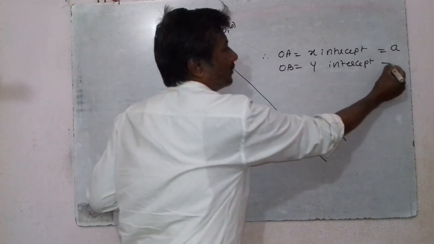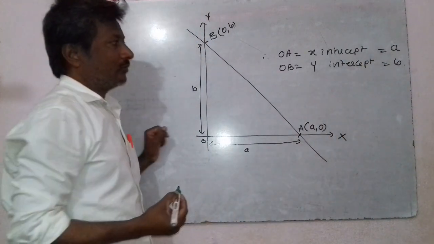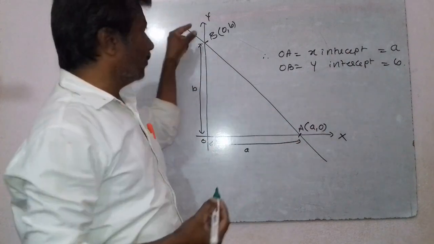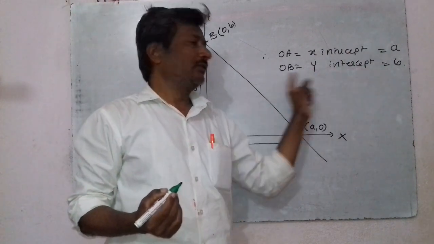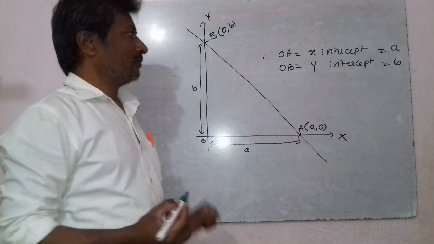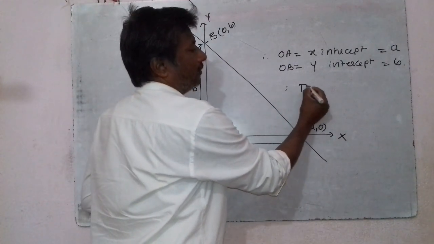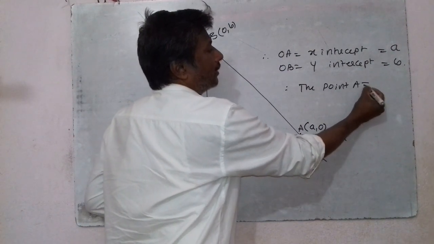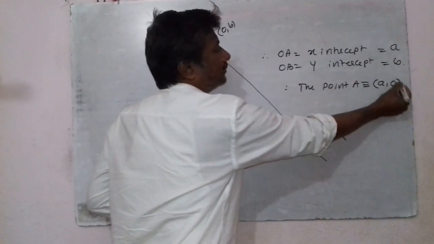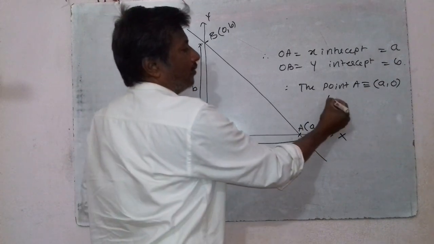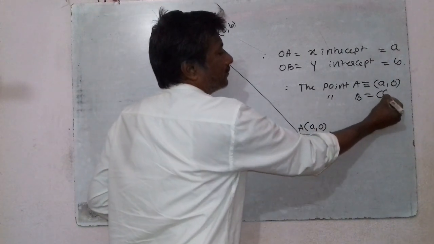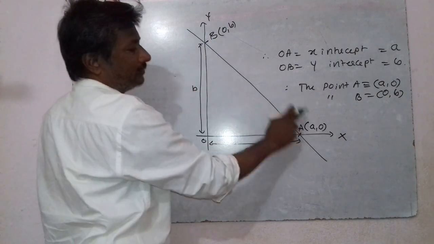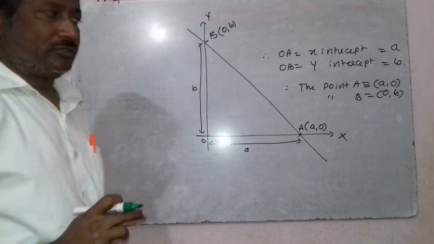So OA equals a, the x intercept, and OB equals b, the y intercept. Therefore the point A corresponds to a comma 0, and point B corresponds to 0 comma b.